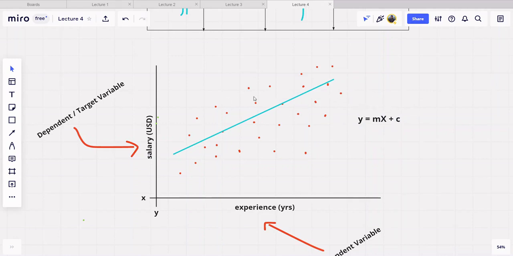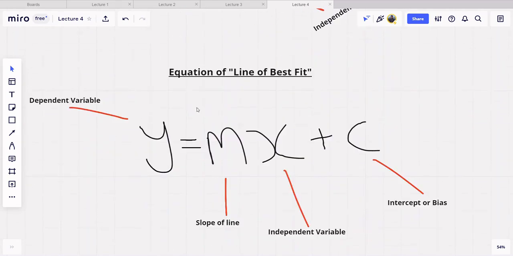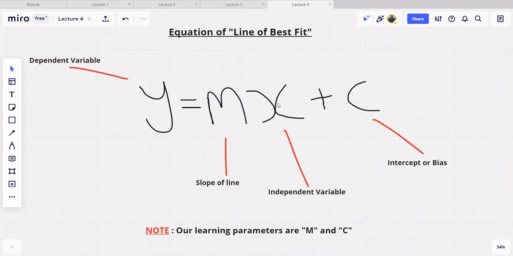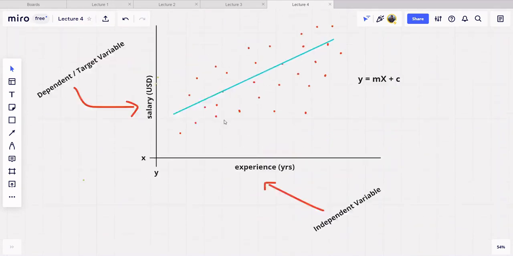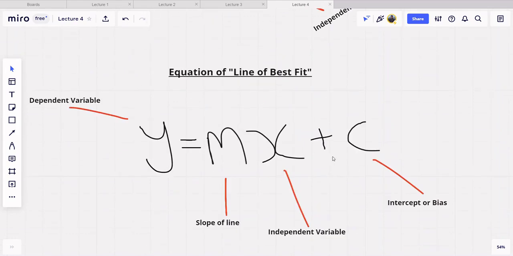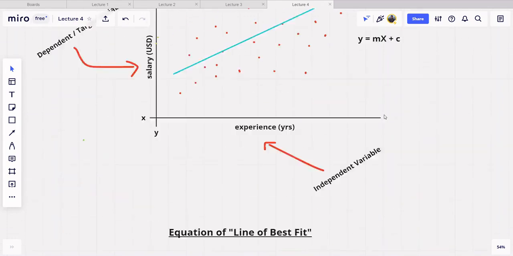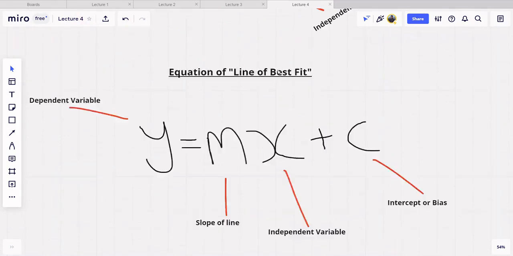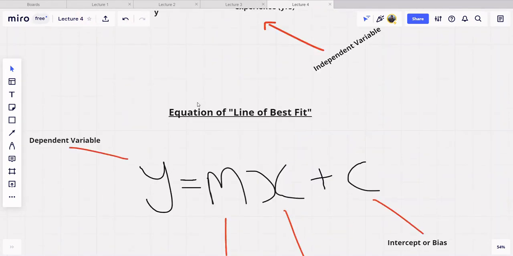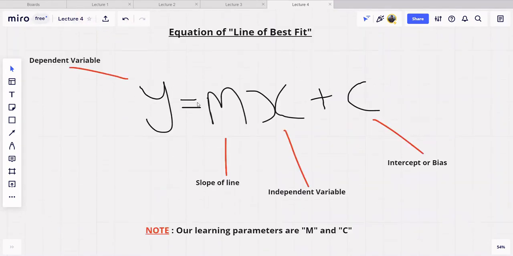Here y is our dependent variable, m is the slope of the line, and c is basically the intercept of this line. Our independent variable is x, and the dependent variable is y.